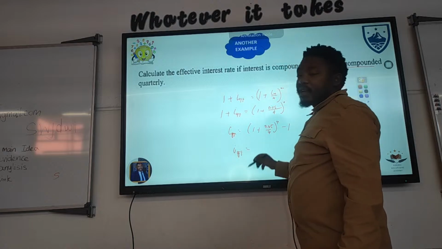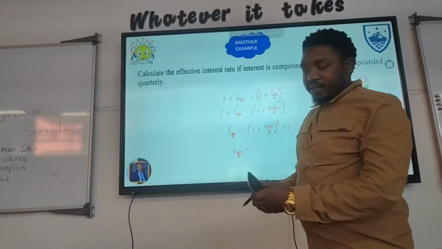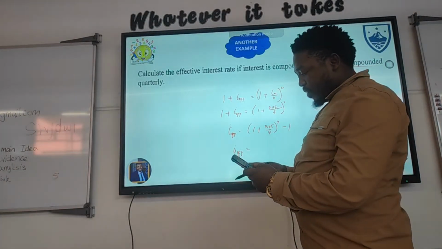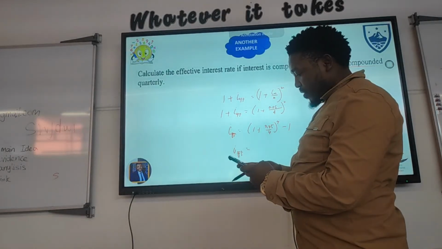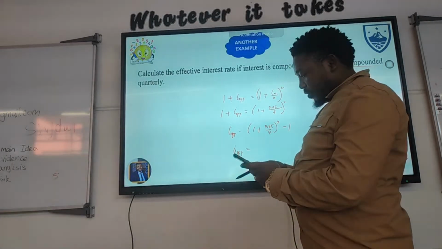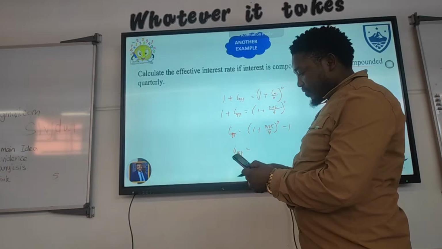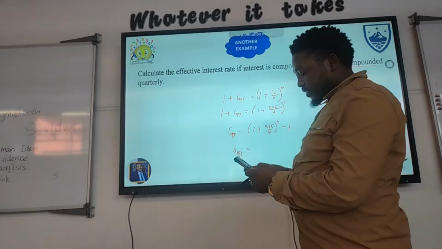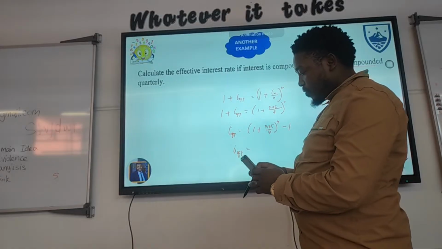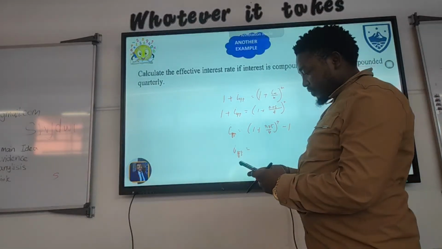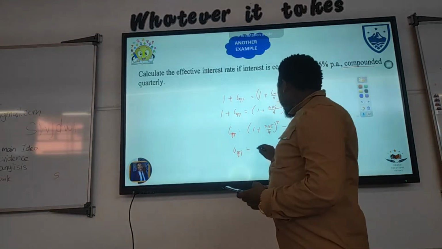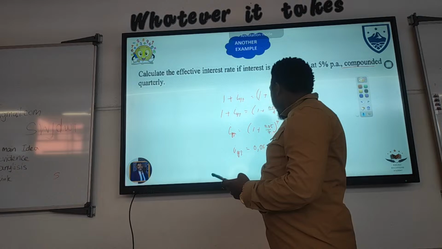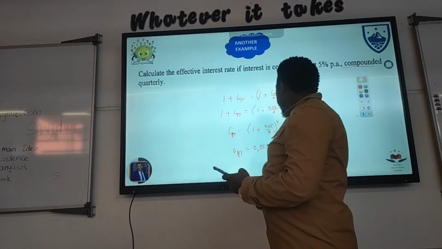Our effective interest will be, and then we can just press in a calculator and see how much we get. We have open bracket 1 plus 0.05 divided by 4, close brackets to the power of 4, and then minus 1. So our answer is simply 0.0509.